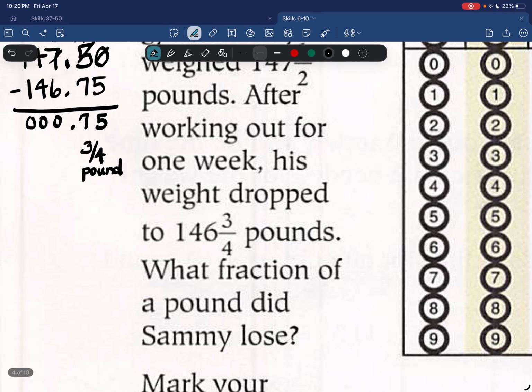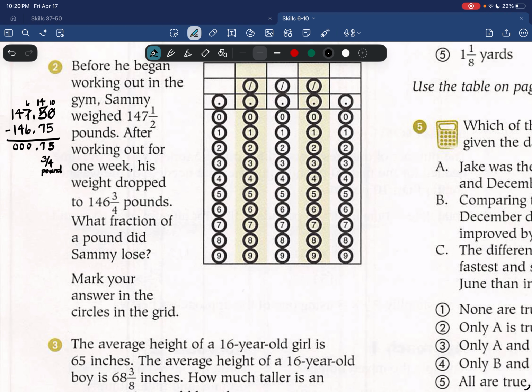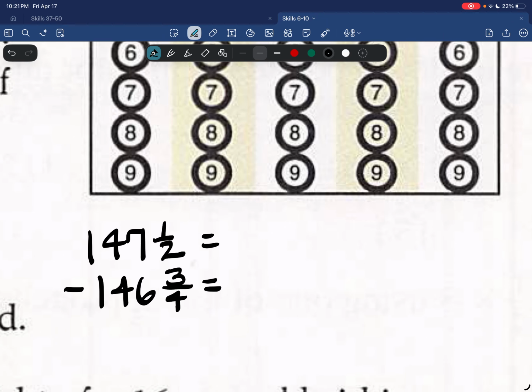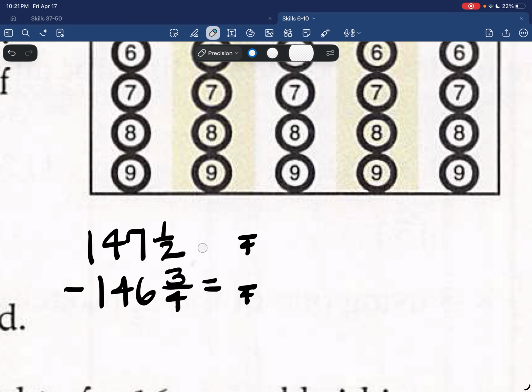But let's do it the way we're supposed to. We have 147.5 minus 146 3/4. And we need a common denominator. I know that 4 will work. So let's just do it that way.